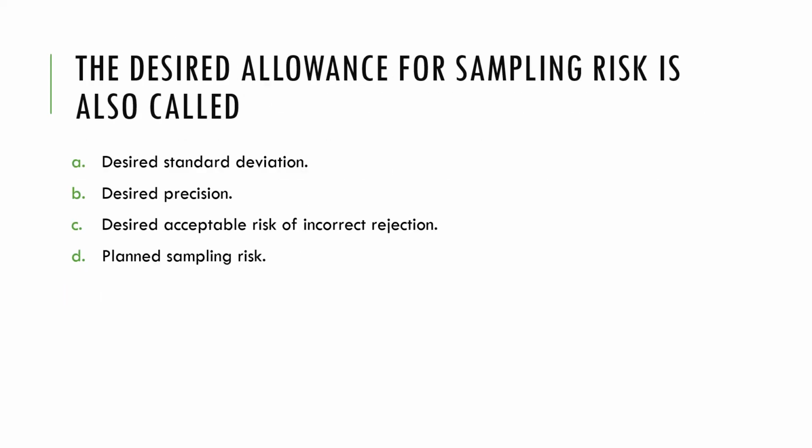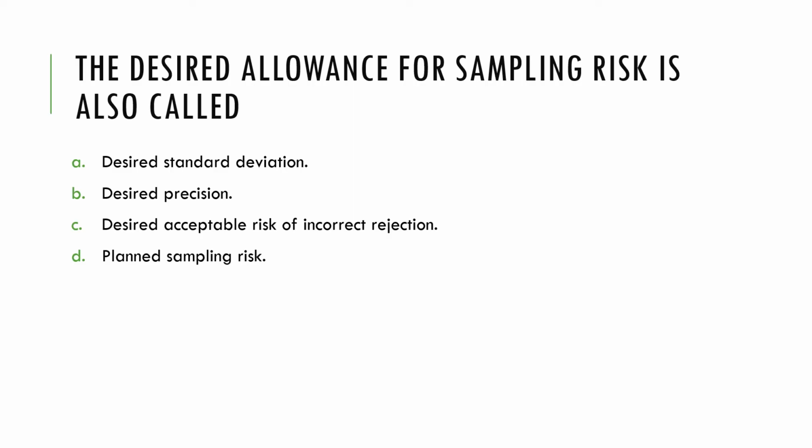The desired allowance for sampling risk is also called the desired standard deviation, but again, standard deviation would refer to the variability in the sample. Letter B, desired precision. Letter C, desired acceptable risk of incorrect rejection. But if you remember, it has always been the super twins, arrow and aria: acceptable risk of overreliance and acceptable risk of incorrect acceptance.